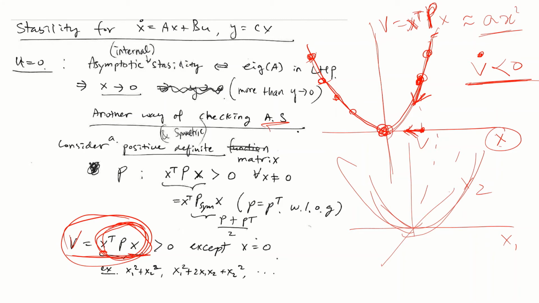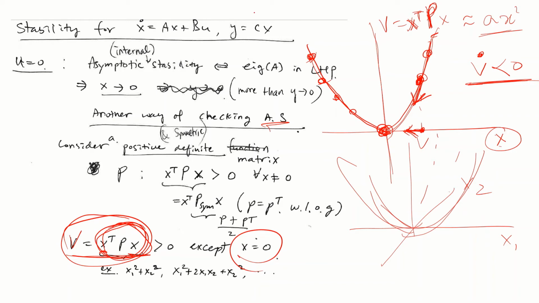V cannot be a negative number. The minimum value of V is equal to 0. But at V equal to 0, we know x should be 0, right? Because V is always positive for non-zero x. But now you are saying that V is equal to 0. It means x should be 0 by the definition of a positive definite matrix. So that's the logic.